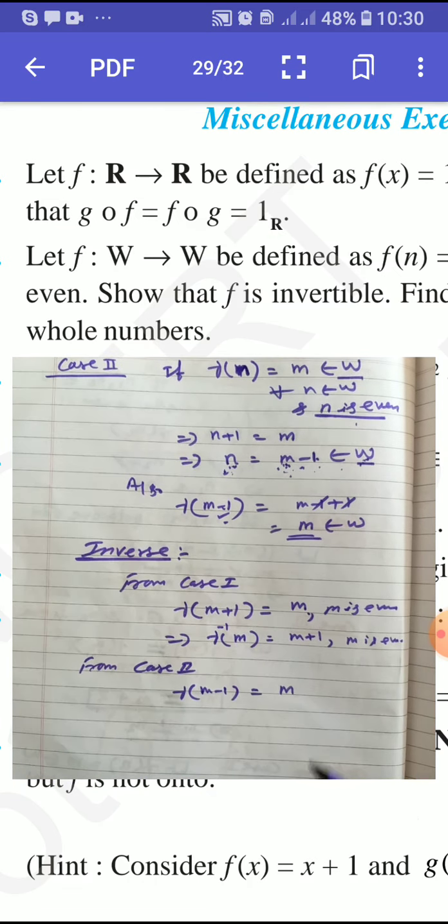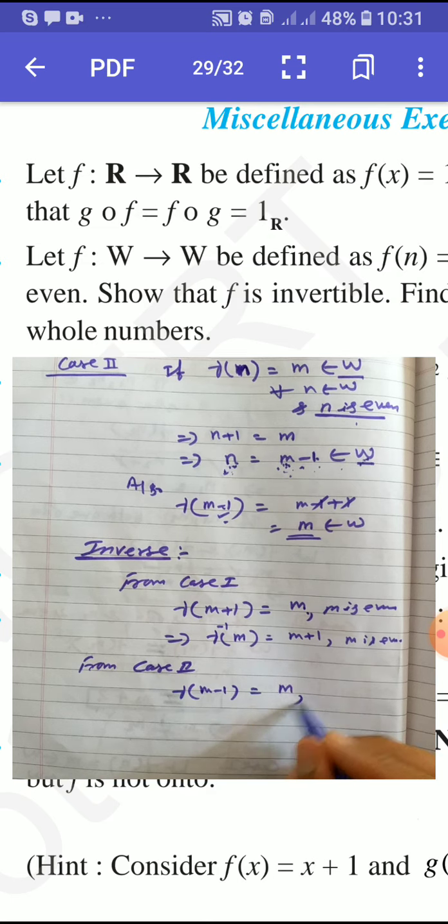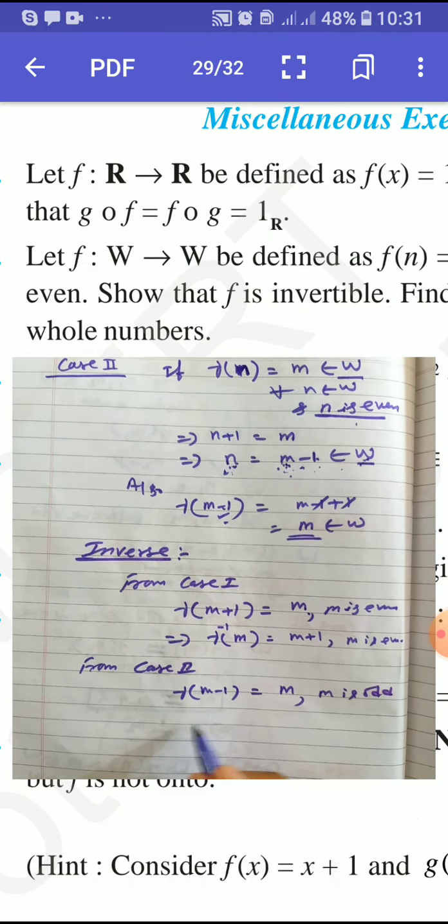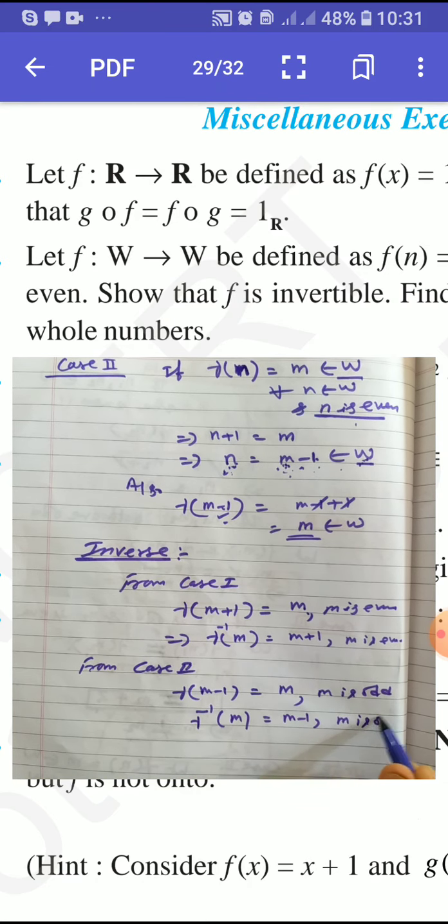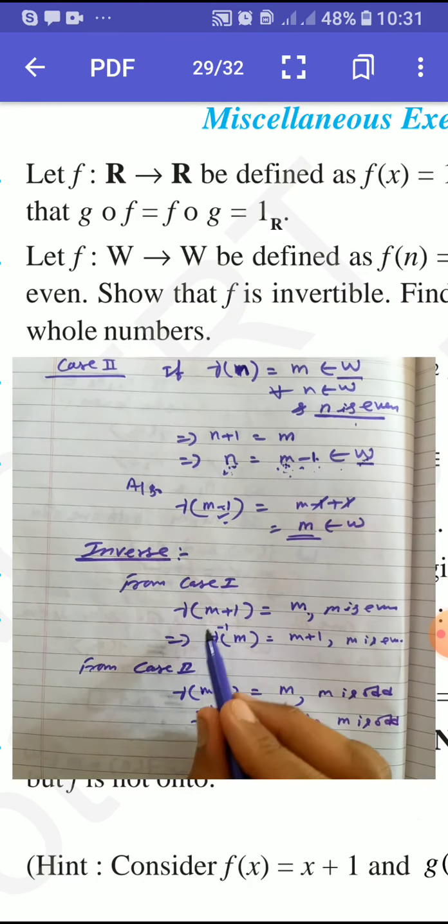Since n is even in this case, therefore m is odd, right? F inverse m equal to m minus 1, m is odd, right?